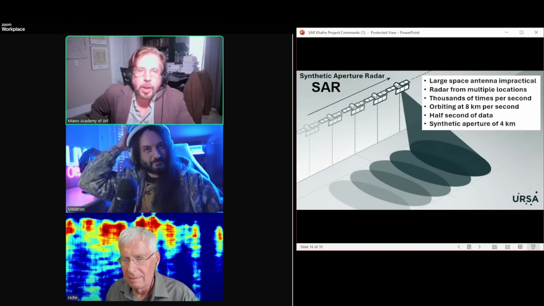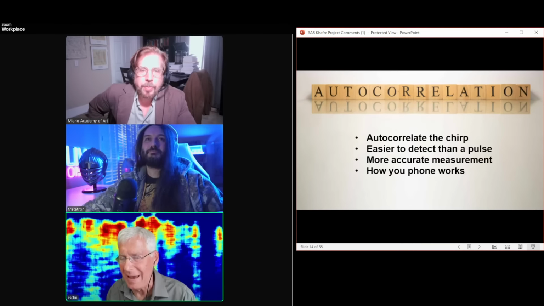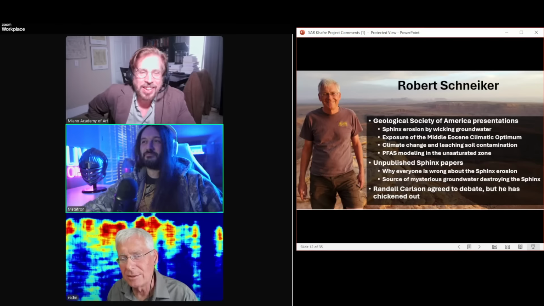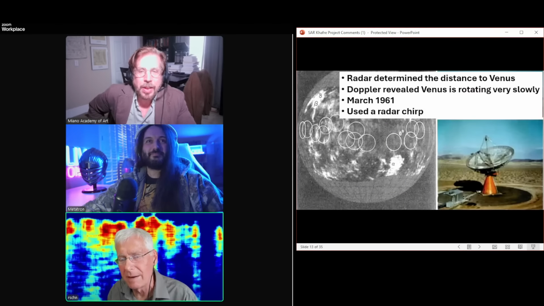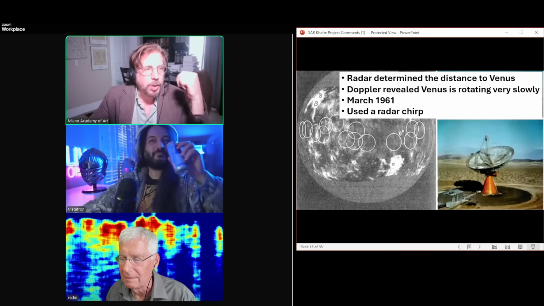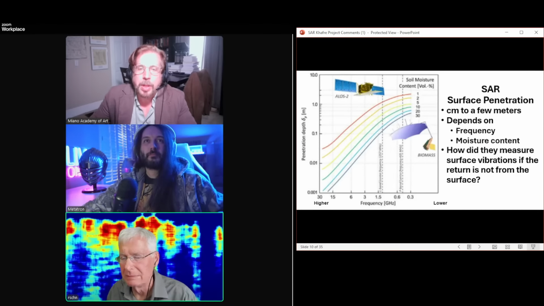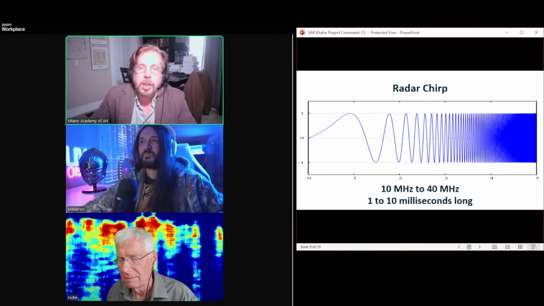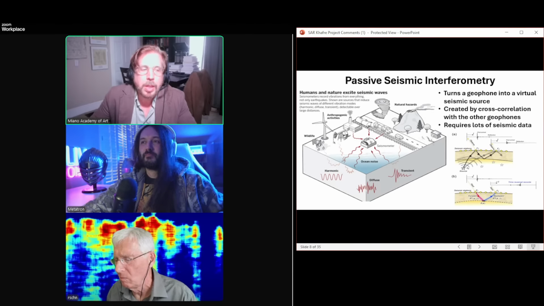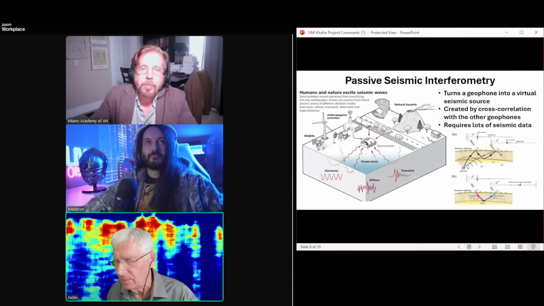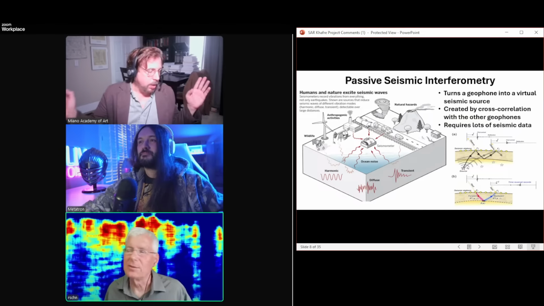Oh, here's what you're talking about, the chirp. There should be two slides past that slide. That should be slide 33. Maybe you got a slightly different version of this presentation? It's the most recent one you gave me, so that's all I can say. What about surface penetration, radar, chirp, any of these? Maybe it's a little bit delayed on the live stream. That's weird. Well, anyway, so what it is, yes.